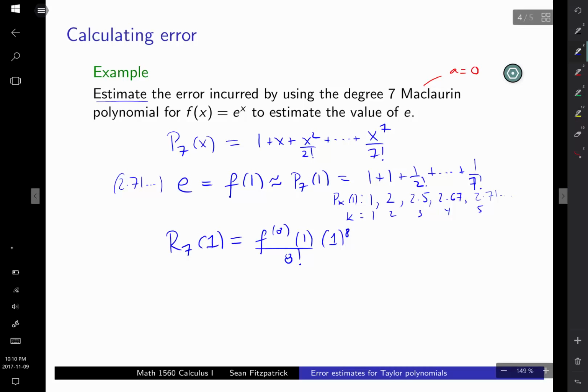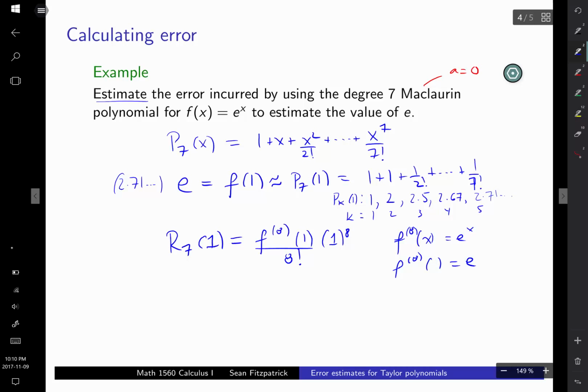You can say, well, I know what the 8th derivative is. The 8th derivative is still e to the x. So the 8th derivative at 1 is e, okay? And of course we don't quite know what e is. Well, we're trying to estimate it, so we can't use the value of e in our estimate.